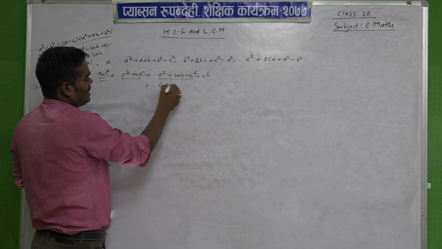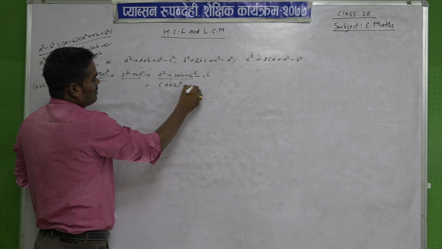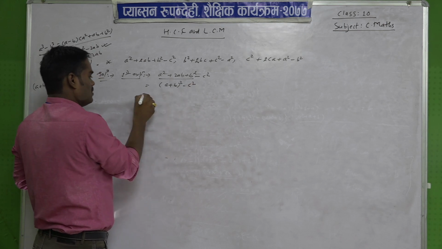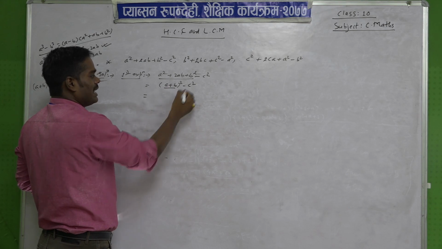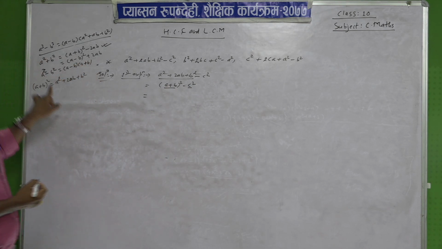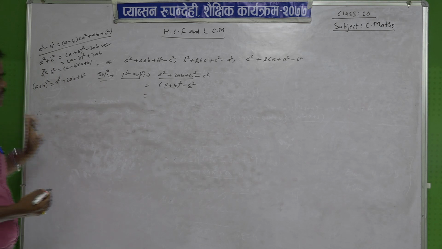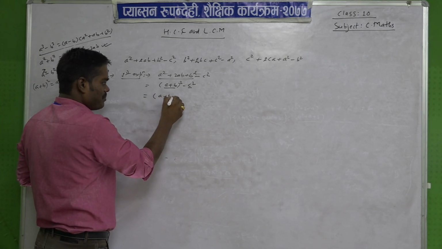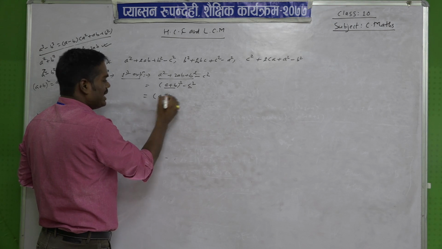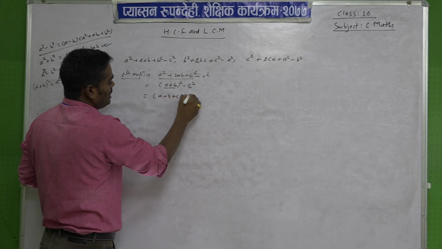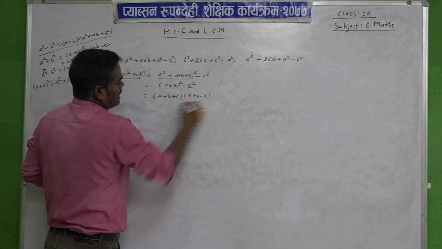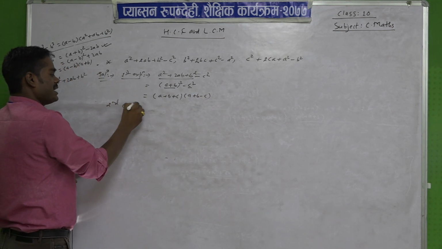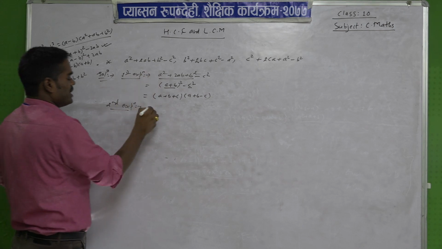So, we can write here a plus b whole square minus c square. Now, this complete is a and this is b. So, we can use the formula a square minus b square. So, a plus b means a plus b, a minus b.